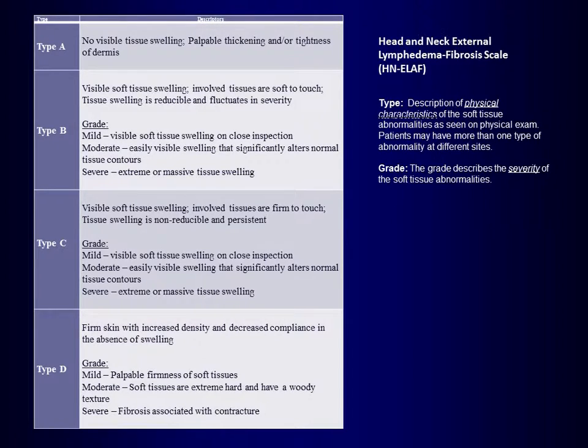As the lymphedema progresses and you get scarring and you get fibrofatty scar tissue deposition, what happens is you go to C. And C is the very firm, non-reducible soft tissue swelling that is permanent. D would be fibrosis without swelling, which you will see sometimes in the surgical patient population.